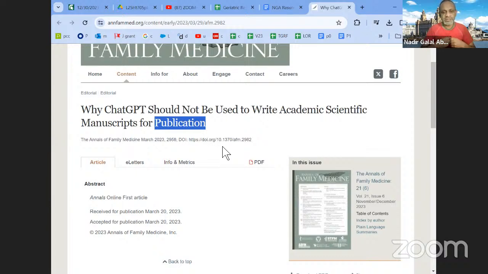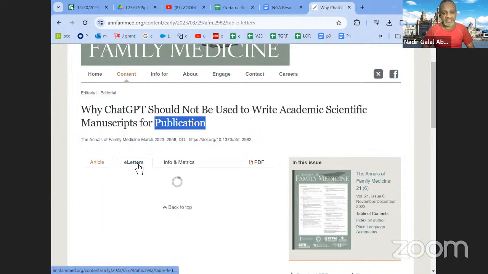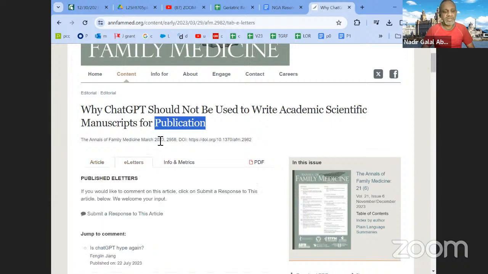The more you write, the better you get at it. But if you have some tool to help you, I think it's going to be very important. So I wrote an e-letter, as they call it nowadays, a letter to the editor.